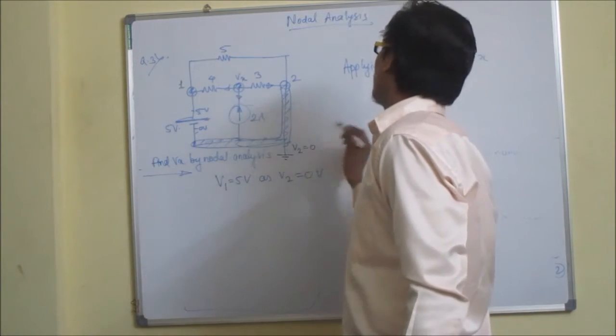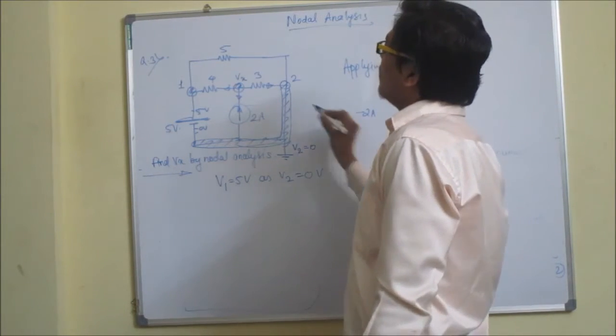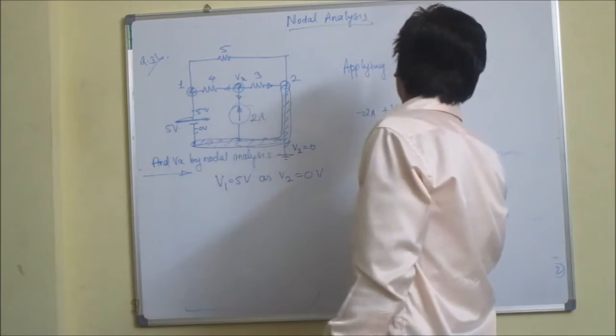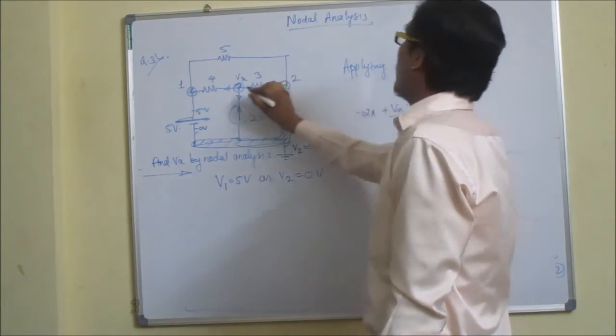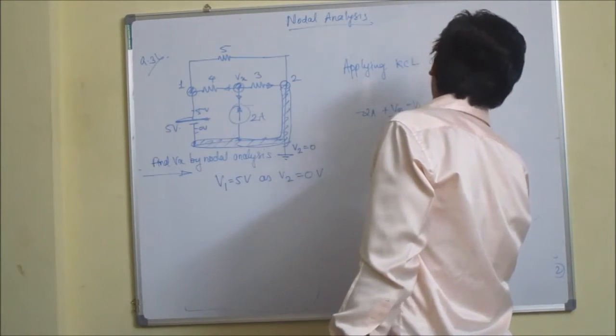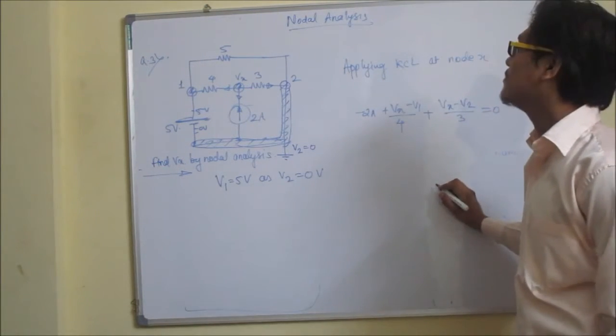Therefore, our 2 ampere will be minus 2 ampere plus Vx minus V1 divided by 4 plus Vx minus V2 divided by 3 is equal to 0.